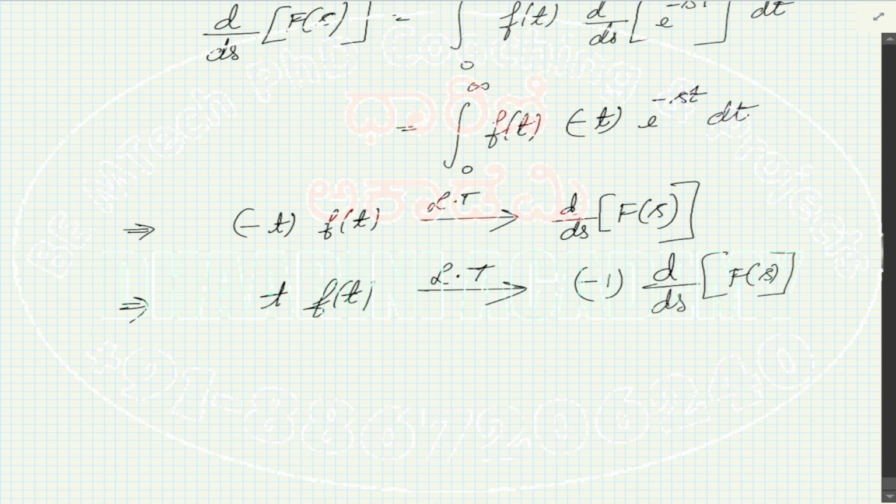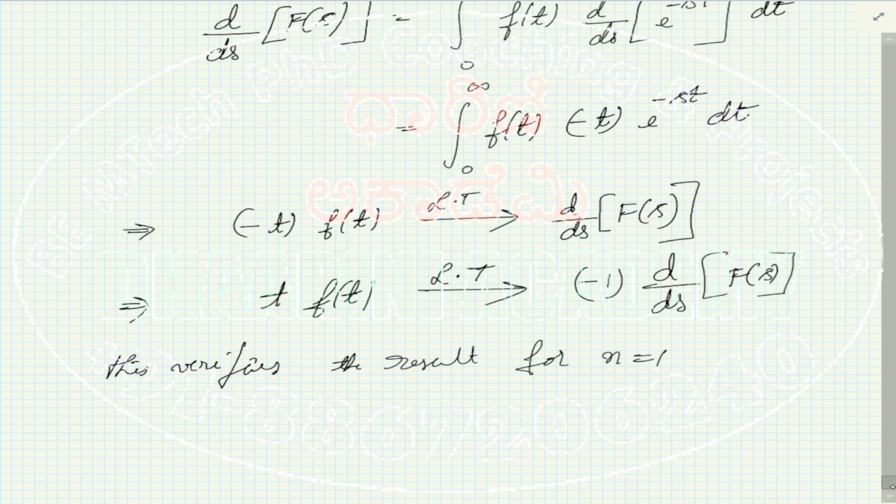So this means if in the given statement of the property, if you put n equal to, sorry, not minus 1, plus 1, if you put n equal to plus 1, we are able to verify the results. Okay, so this verifies the result for n equal to 1.